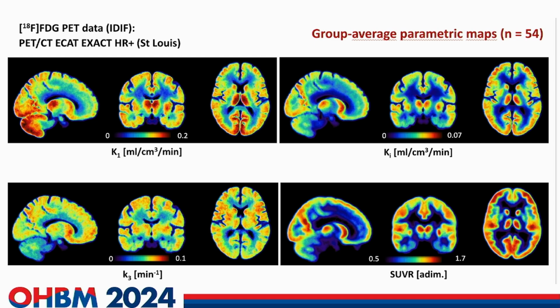We can quantify the microparameters with different types of approaches. And if you use a reference region, again, there is a problem: what a reference region is, in fact. Is it really devoid of tracer, devoid of receptors? We know the cerebellum, in any case, even if few, has receptors. So the theoretical point of view is one thing, the practical is something else.